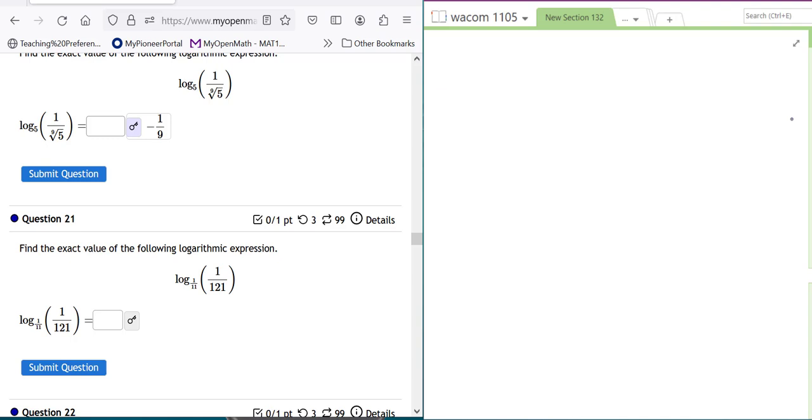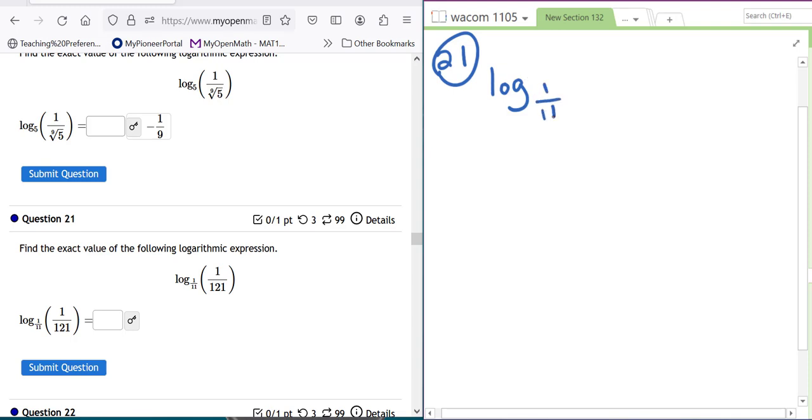That was 21. So log, I don't like this one, I can tell you. Log base 1/11 of 1/121.